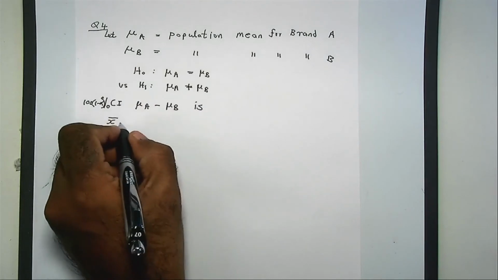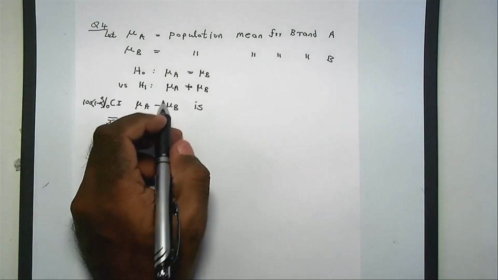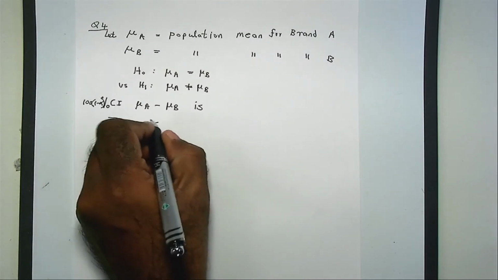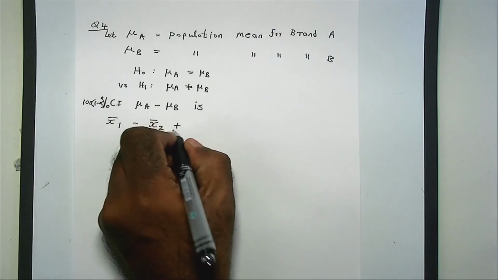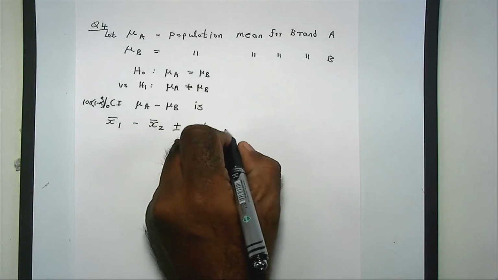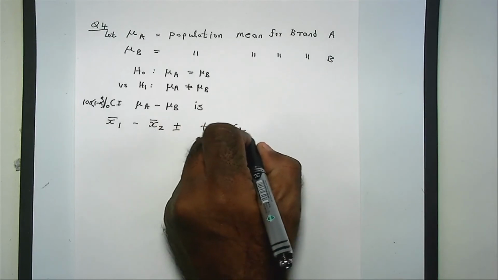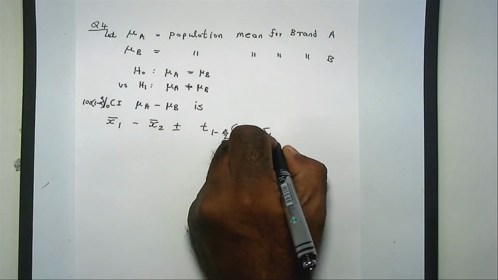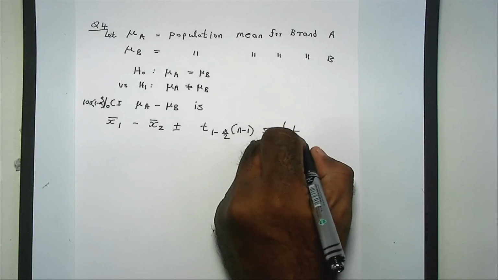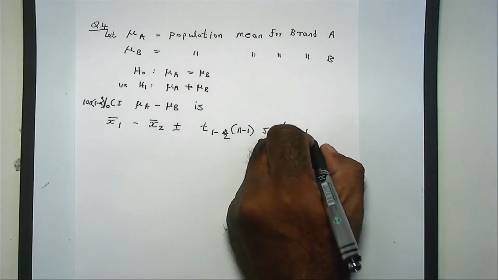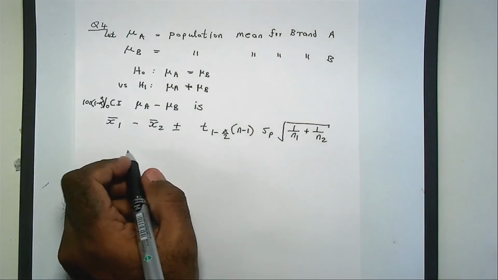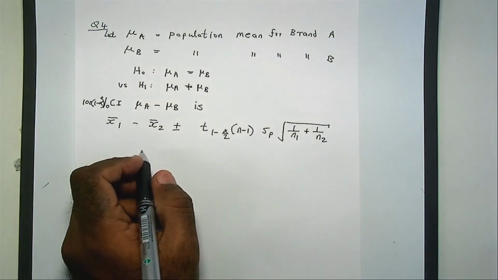X bar 1 is the sample mean for the first population. X bar 2 is the sample mean for the second, plus or minus t 1 minus alpha by 2 with the degrees of freedom of n minus 1, multiplied by SP, which is the sample standard deviation, multiplied by the square root of 1 over n1, the sample size for the first population, plus 1 over n2, the sample size for the second. So this is the formula I gave you in the two sample confidence interval.